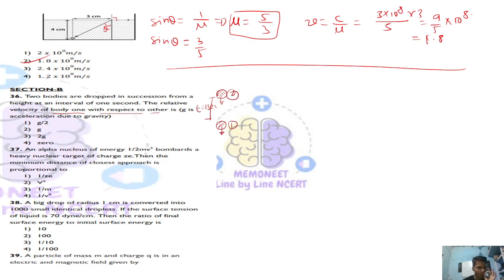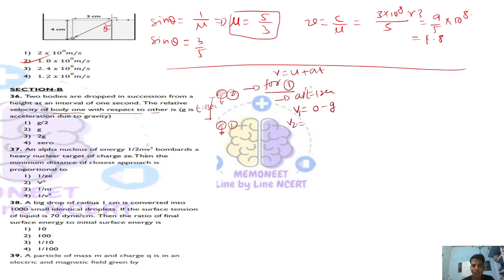You need to calculate the relative velocity. A simple question. It's simply applying the equation of motion. For the first body we need to use v equals u plus at, at t equals 1.